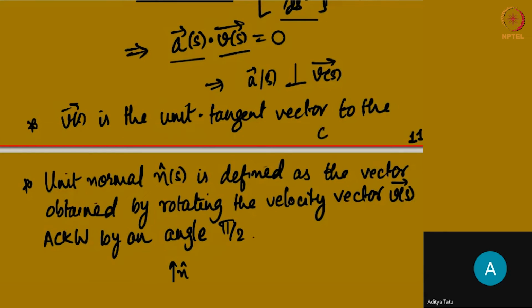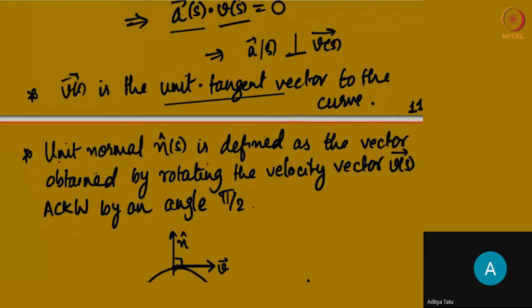Since the description is unit speed, it will be a unit vector, so this velocity vector would be nothing but the unit tangent vector to the curve. And then what we have derived is that the acceleration vector is perpendicular to your velocity vector. Apart from the acceleration vector, there is another geometric vector which is also perpendicular to the unit tangent vector, and that is something we call the unit normal.